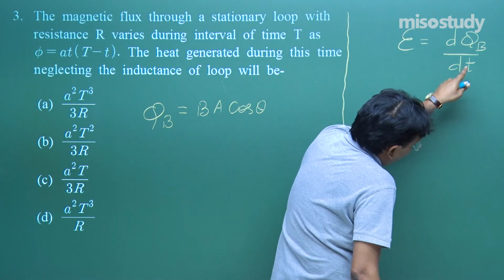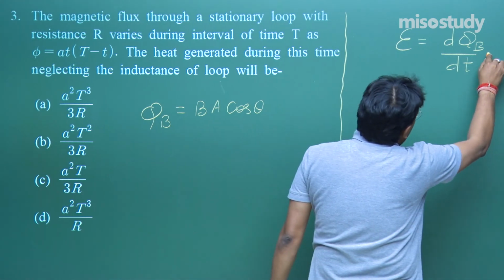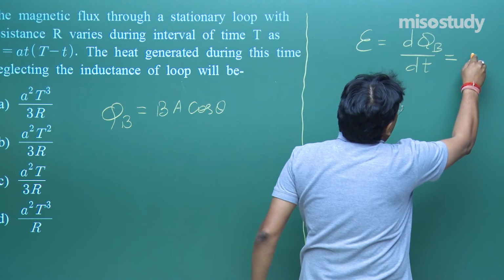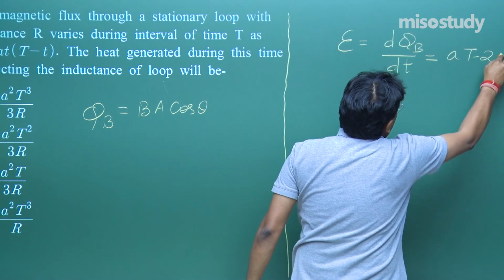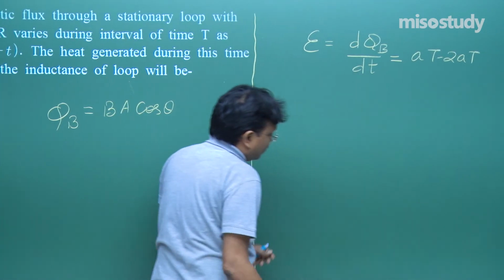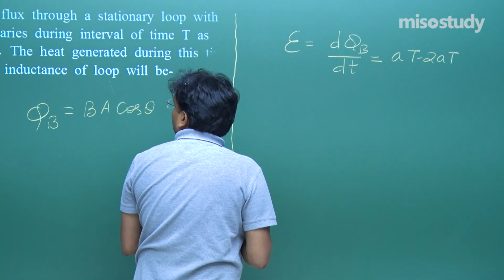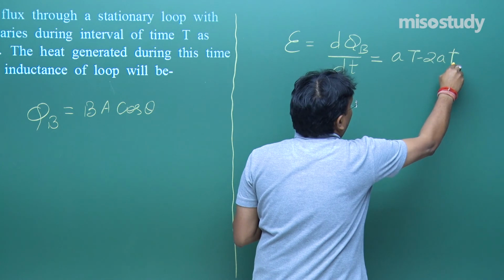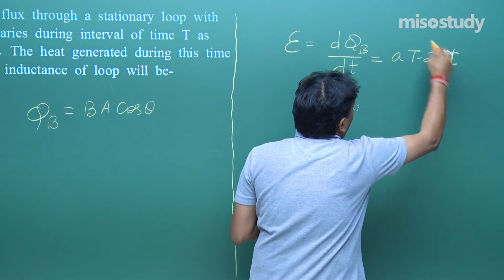So after differentiation I can write it as AT minus 2AT, fine. This is something which we can write down, AT minus 2 small t, rather than capital T.